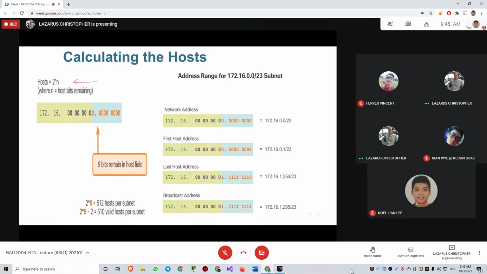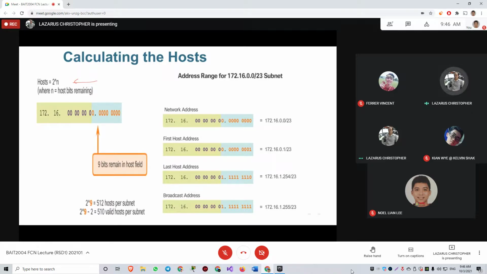For hosts, it's very similar. But as usual, you have to minus 2 if you want to get the usable host addresses. Again, I remind you, minus 2: one is for the network address, which you cannot apply to a host, and the other is the broadcast address, which is the last address within that subnet, a special address used for broadcast only. So again, you cannot use it for a host address.